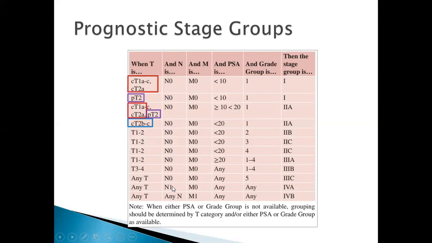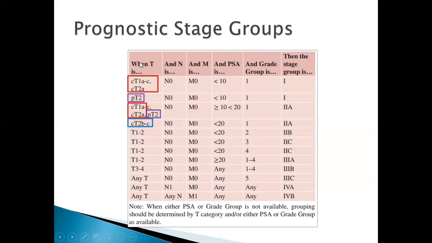So if you have a T and an N1 and an M0, you'll get to do this quite easily, because there's only one N1. So any T means any T, T1, 2, 3, 4, and anything in between, N1, M0, and then it's any PSA, any grade. It doesn't matter when the patient has positive lymph nodes, and then they're stage 4A, okay?